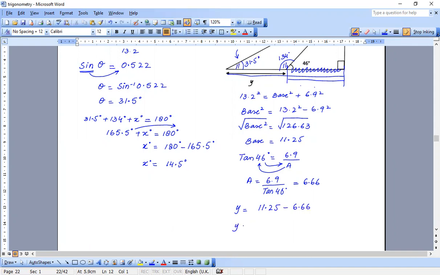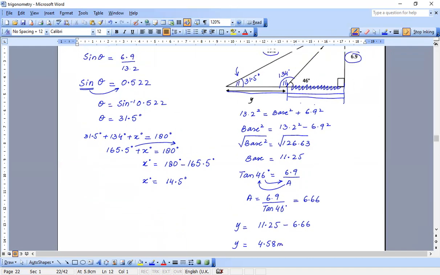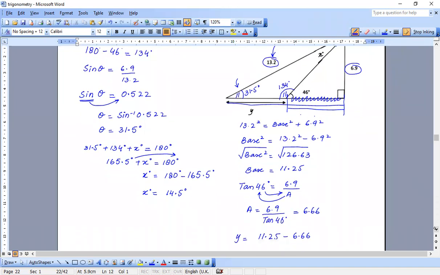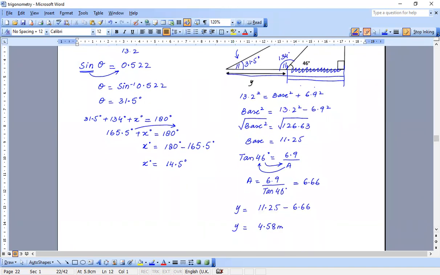The value of y is going to be 4.58. I think this is in meters. Okay, nothing is mentioned, whether it's meter or centimeter or millimeter. So instead of writing meter, I'll write 4.58 units. That's it.